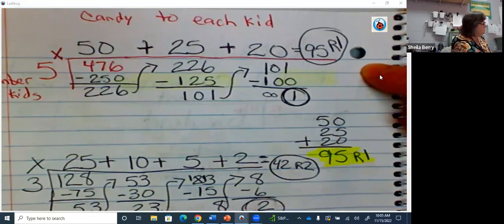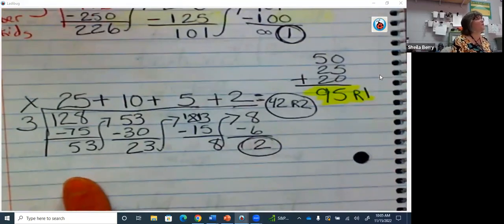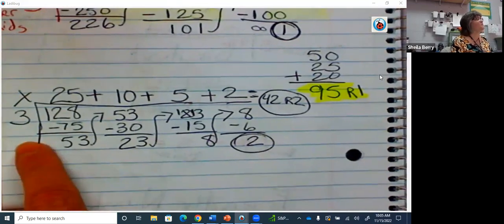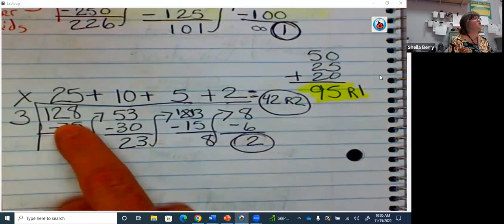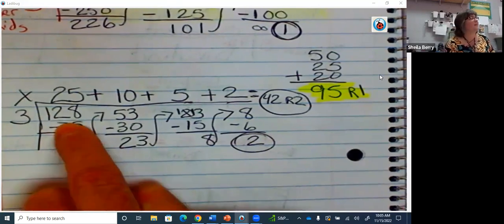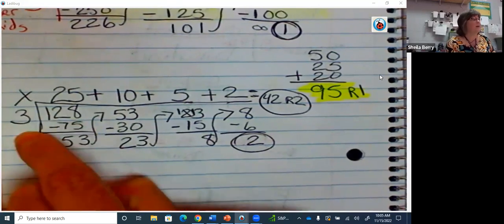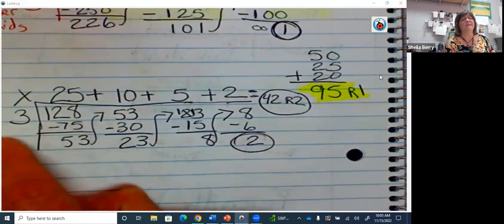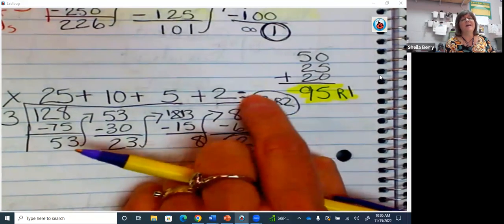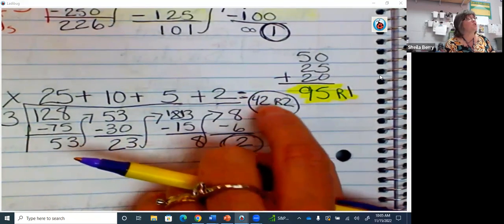Then you did one that was a practice where you divided 128. You've got 128 pieces of candy, and you're going to share it equally among 3 people. And when you divided 128 pieces of candy by 3 people, each child's going to get 42 pieces of candy.